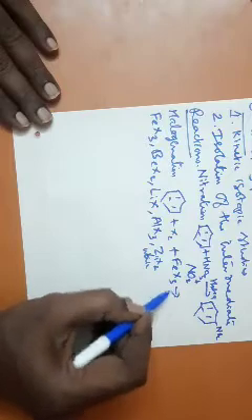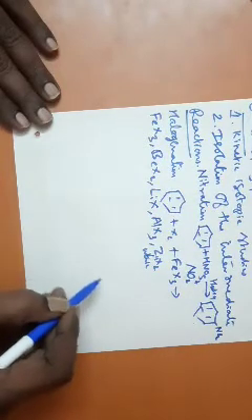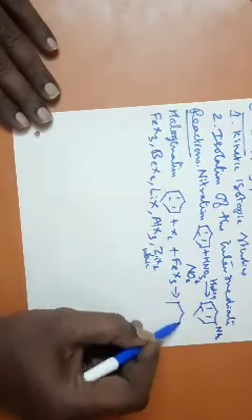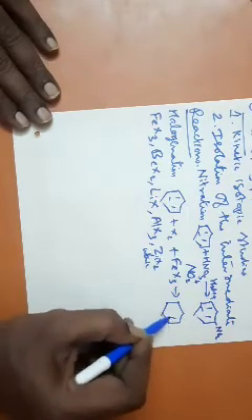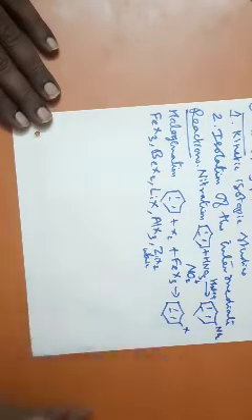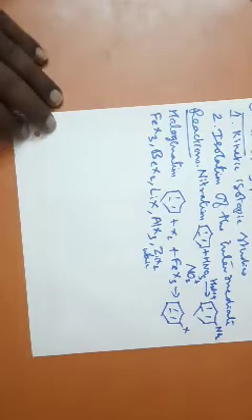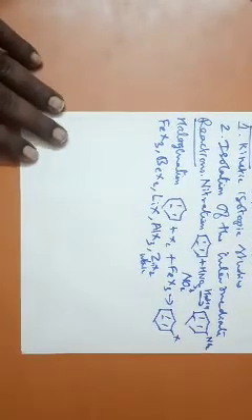So if an aromatic compound is treated with the halogen in presence of a Lewis acid, you get the halogenated product. Chlorobenzene, bromobenzene, iodobenzene, all of them are prepared by this reaction. Any one can be used as a Lewis acid.